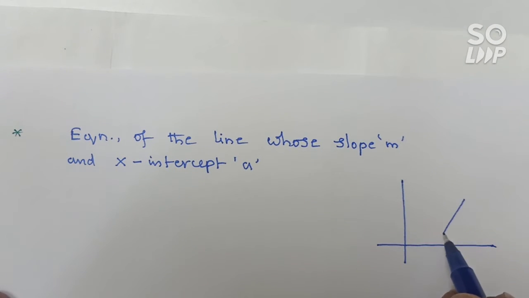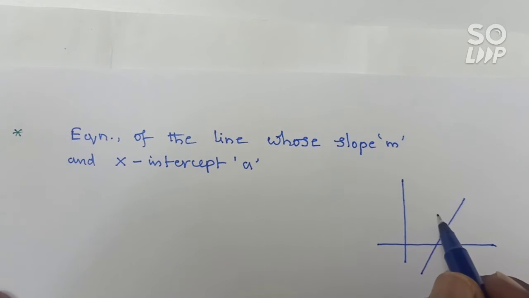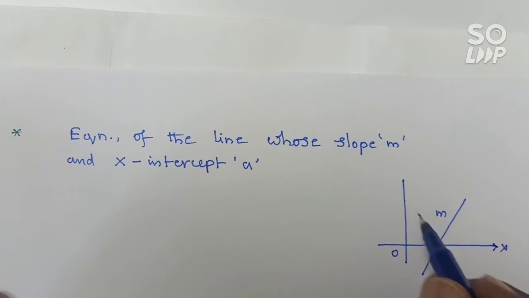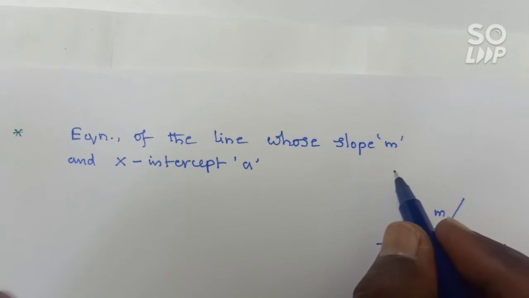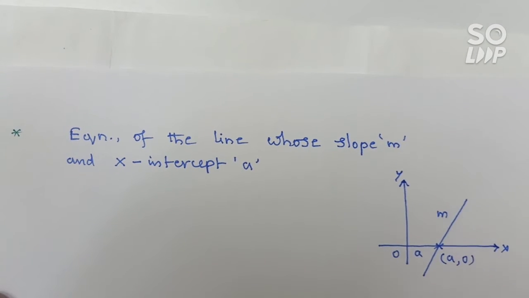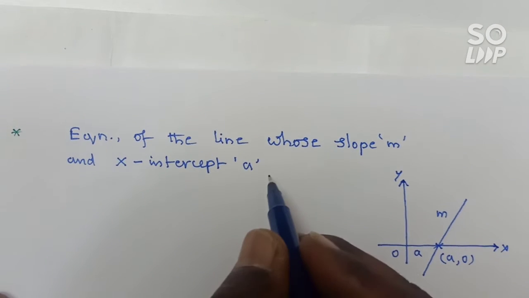If you draw a line whose slope is m, x-intercept means the required line will be intersecting the x-axis at a distance of a. So this point becomes a comma 0.